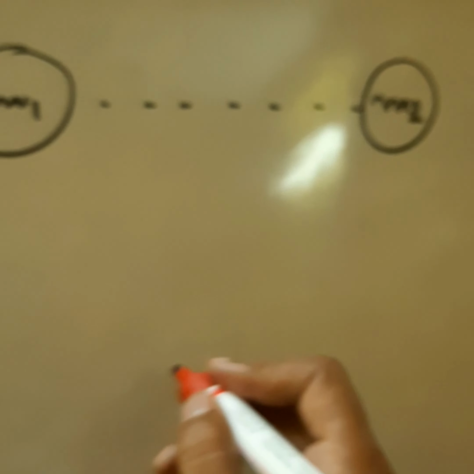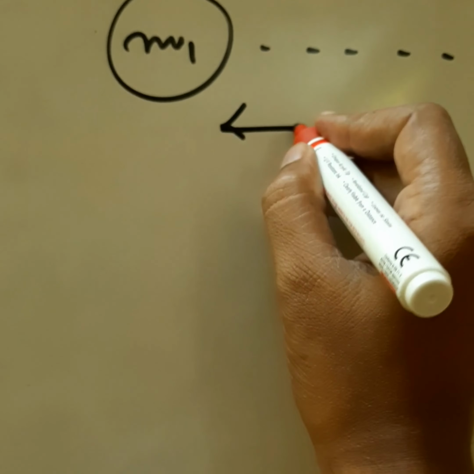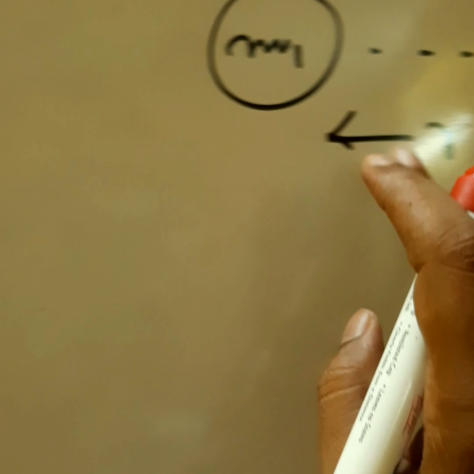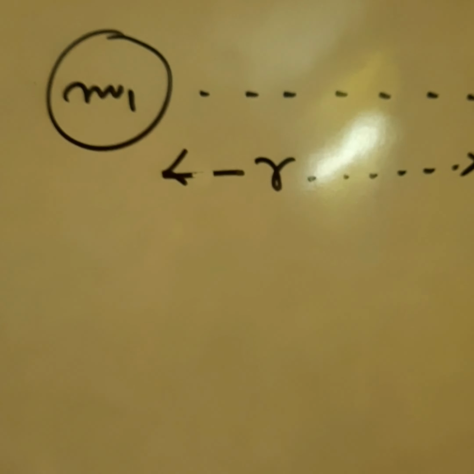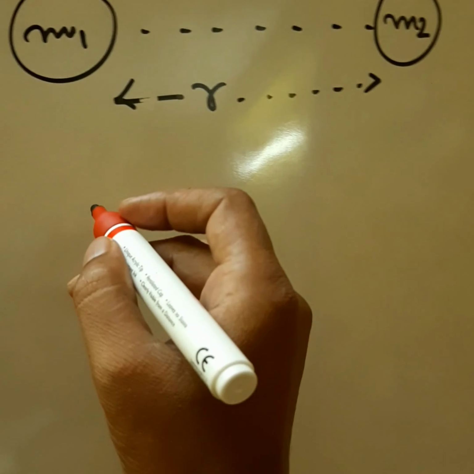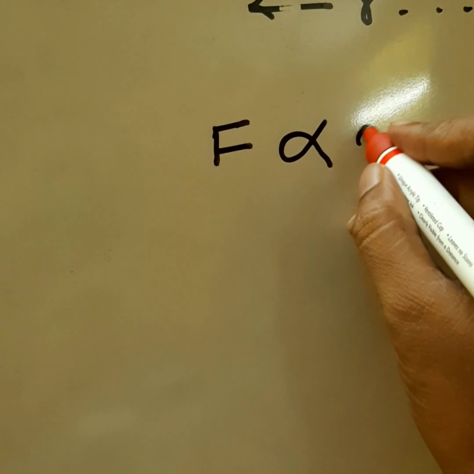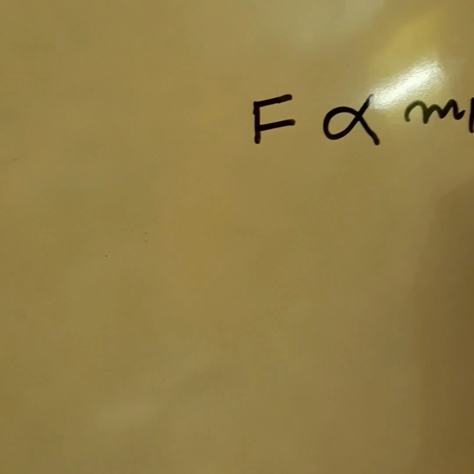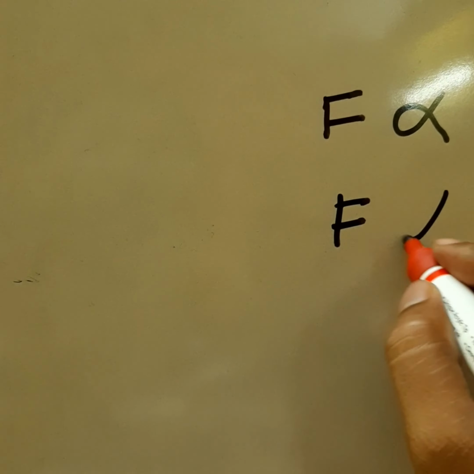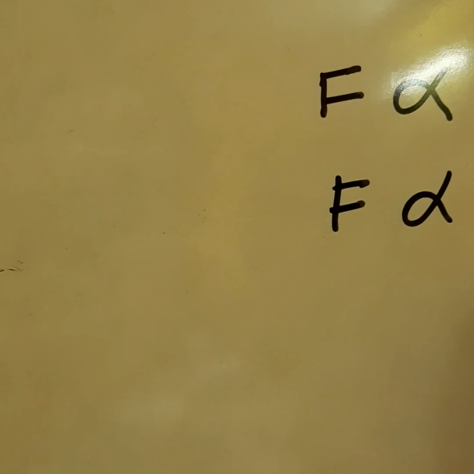Suppose M1 and M2 are two bodies separated by a distance r. Then the force of attraction between them, F, is directly proportional to the product of their masses and is inversely proportional to the square of the distance between them.